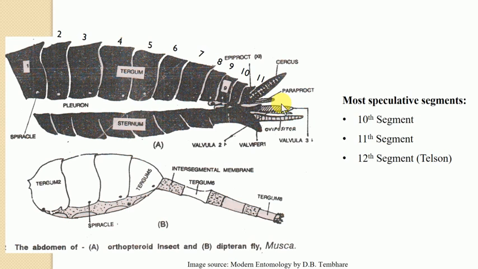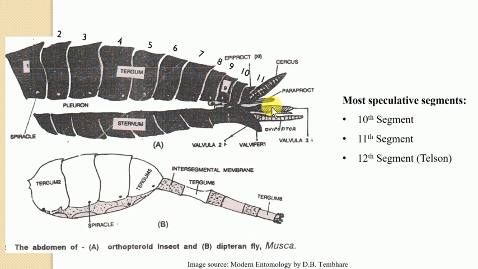Means in embryonic development, both the epiproct and the paraproct of the 12th segment are present, but as this insect becomes an adult, both are completely lost in the Odonata, for example the dragonfly.